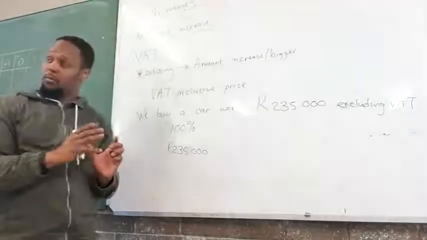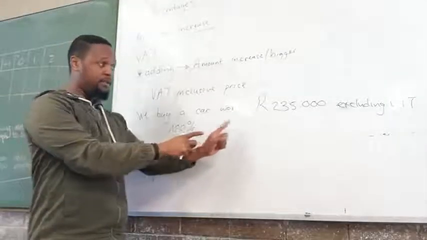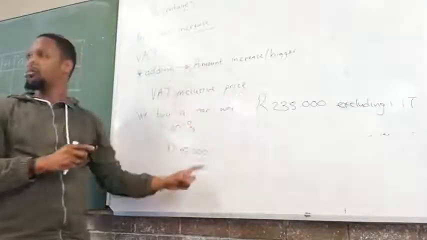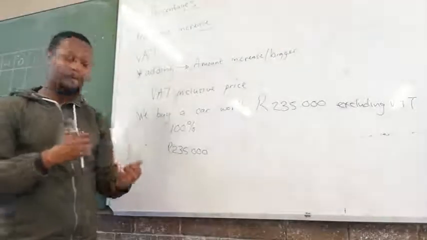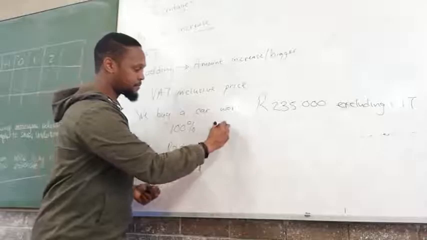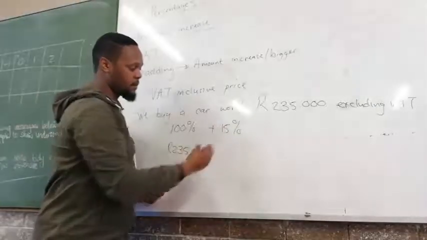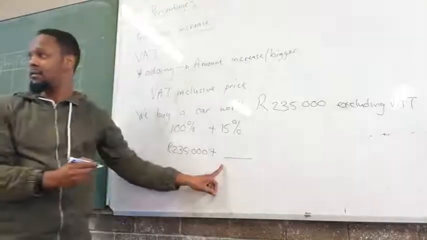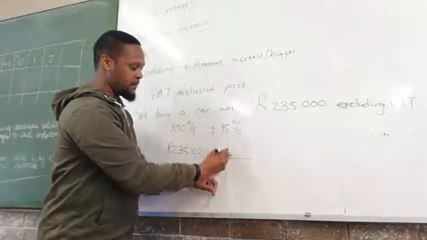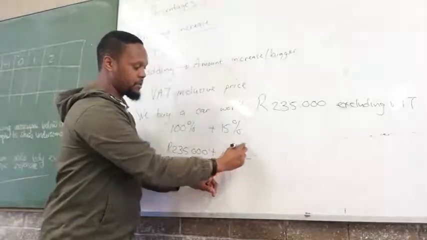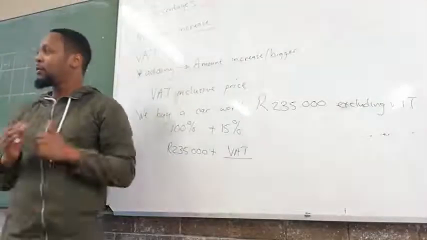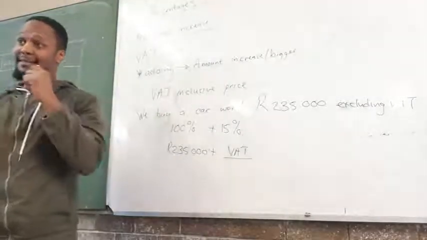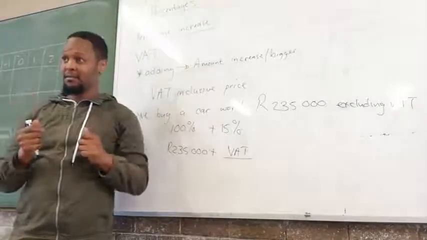And we know that what is going to happen is that we are going to have to include the VAT. So we have to plus another 15%. So we have to plus. We don't know what it is yet. It is the VAT. Yeah? All we know is that we have to plus the VAT. But we don't know what that amount is in terms of money.